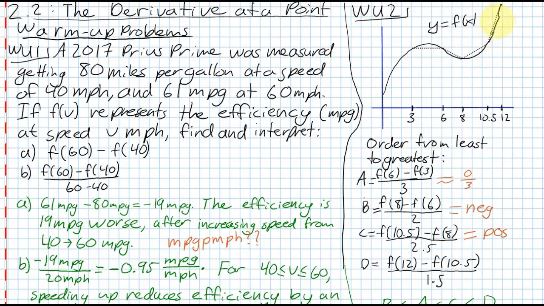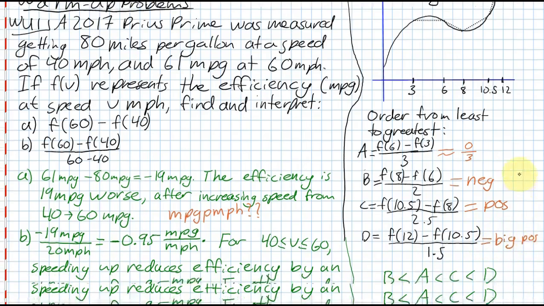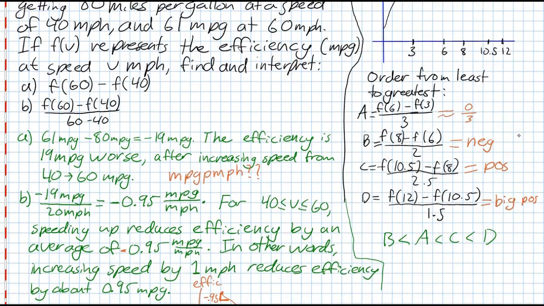You have a big change in y and a smaller change in x. So the slope comes out to be a big positive number. So that means the negative number is the least. 0 is in between the negative ones and the positive ones. And then you have the smaller positive one and the greater positive one.